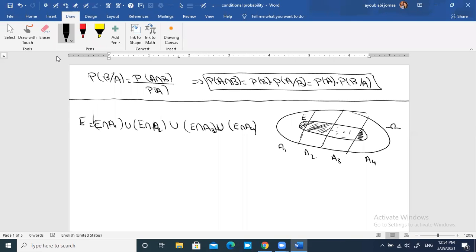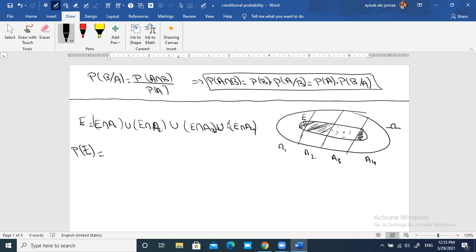Right? Now this set E is formed by these four parts. It means that E is the union of this one, this and this: E intersection A1 union E intersection A2 union E intersection A3 union E intersection A4. If you apply the probability you studied in grade 11, probability of E, here you have union, which means addition, and there is no intersection between these four parts.